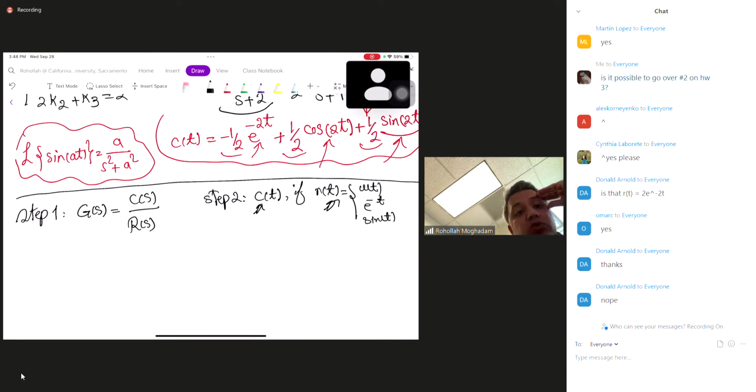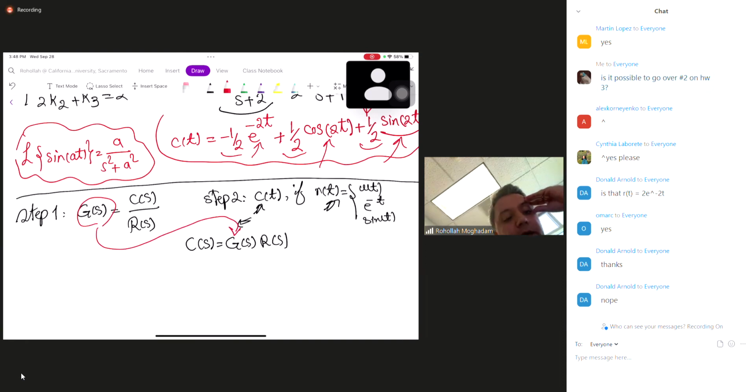So these two steps are connected because, as we did over here, C of S is G of S times R of S. So you need to plug in the G of S that you have found from the previous step, find R of S from here, and then plug it here to find C of S. Once you find C of S, you need to do partial fraction expansion, right?